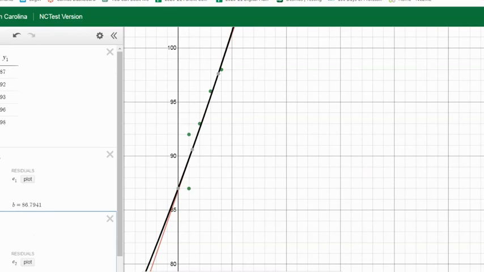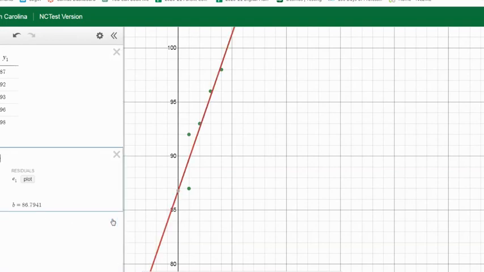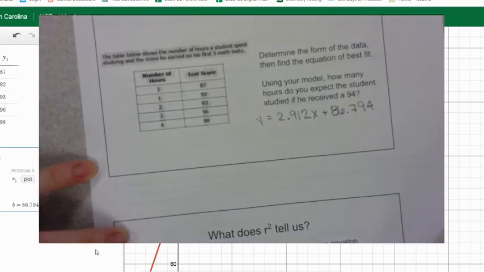This is 0.814. So I'm okay in this case sticking with my linear function. So I'm going to write down this equation. Y equals 2.912x plus 86.794.